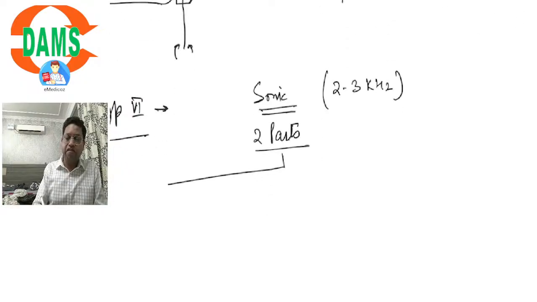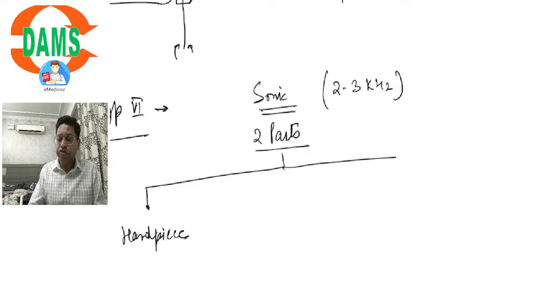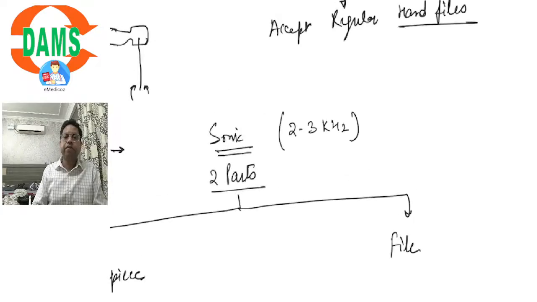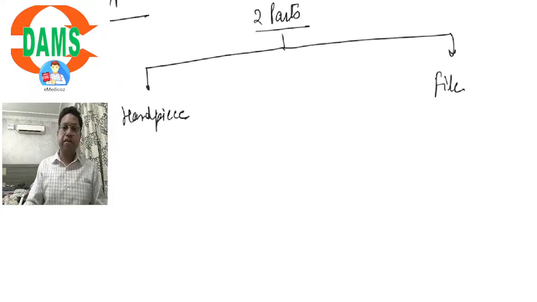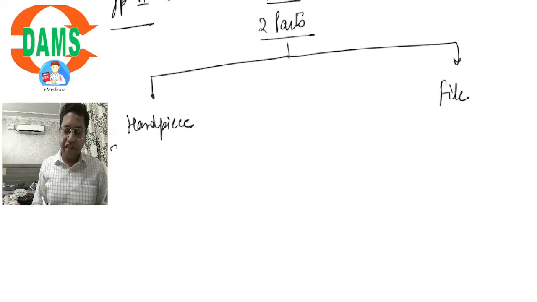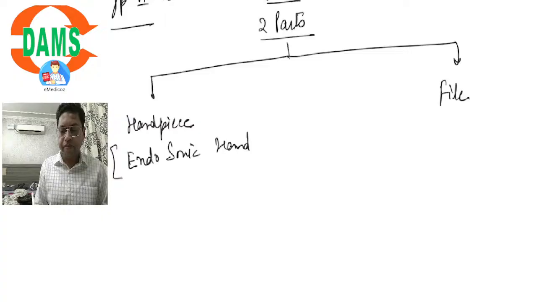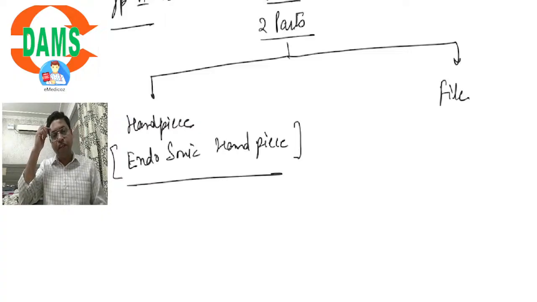One is the handpiece that transmits the sonic motion to the file attached to it. These handpieces are sometimes also called endosonic handpiece.